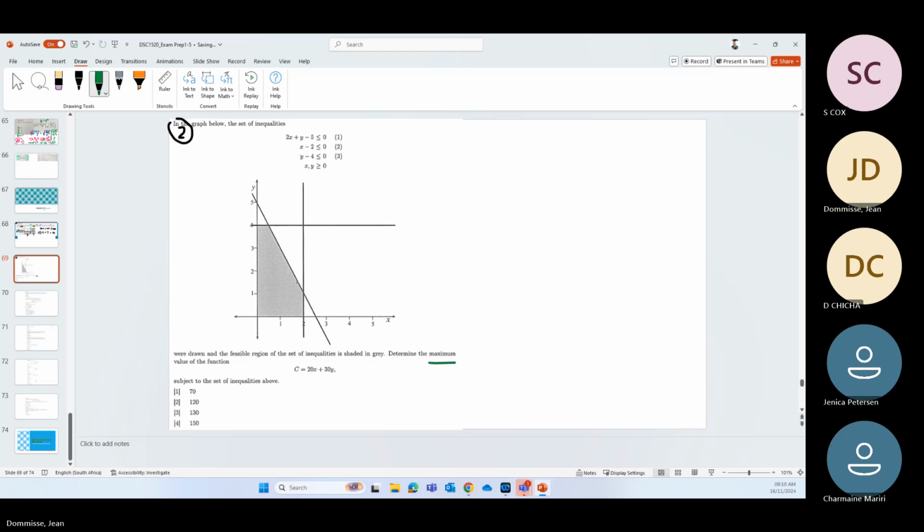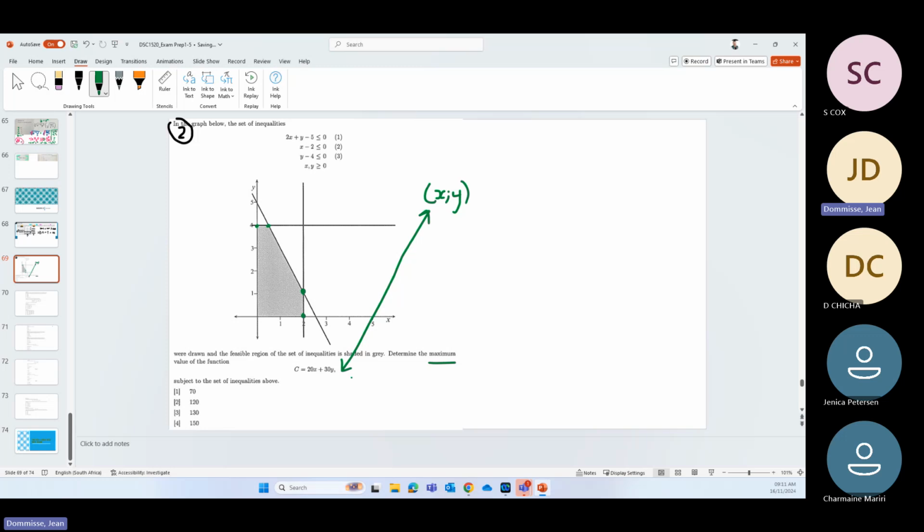Okay, so basically the maximum value of a function is going to be at any of those 4 intersections of green. So wherever one of those is, you basically need to put those x and y points into this equation and see which one is the maximum.